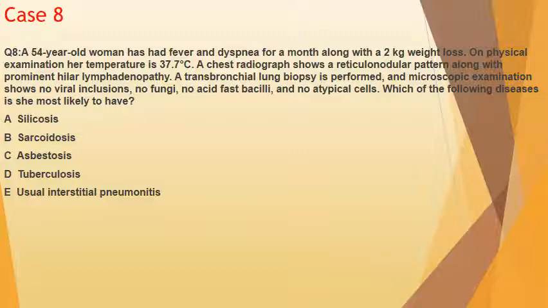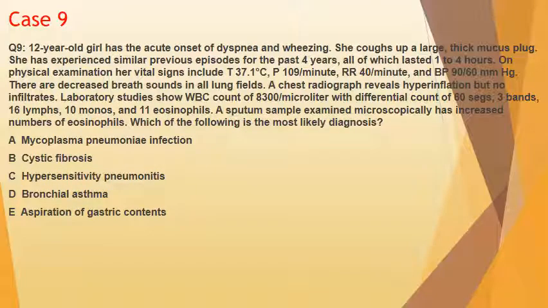Transbronchial lung biopsy was performed, and examination showed no viral inclusions, no fungi, no staph bacilli, nor atypical cells. So, which of the following diseases is he most likely to have, while all these are excluded? Case number 9.